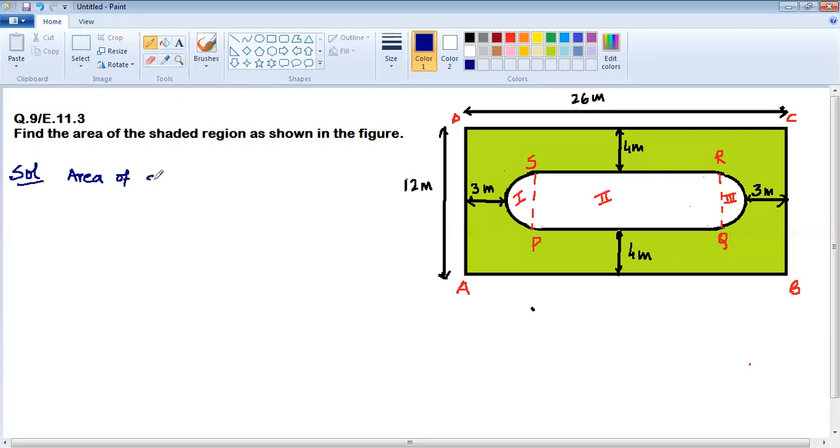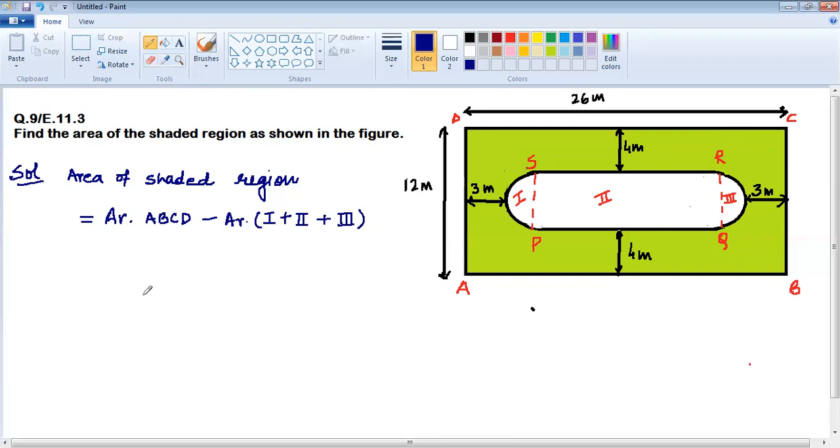Area of shaded region is equal to area of rectangle ABCD, the total area, minus area 1 plus 2 plus 3. If I subtract this area from this rectangle, I'll get the green shaded area.